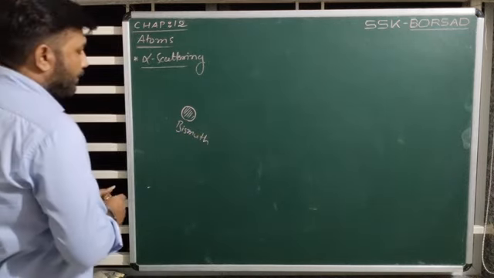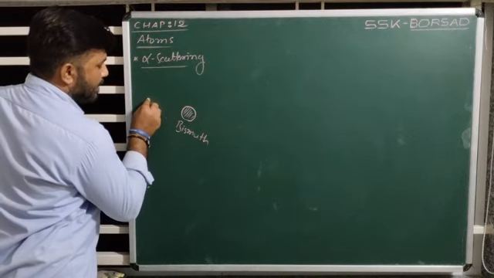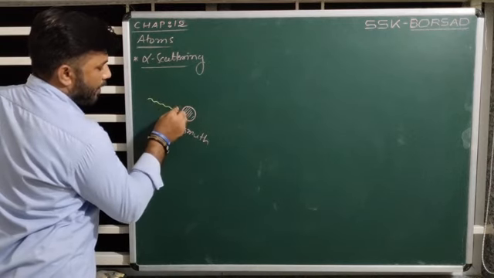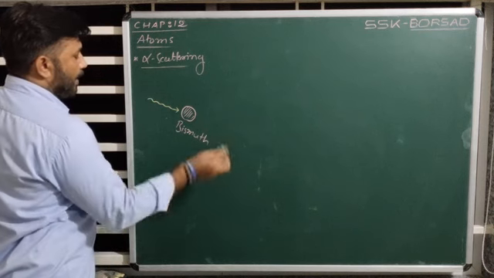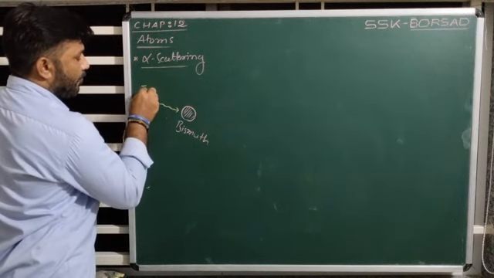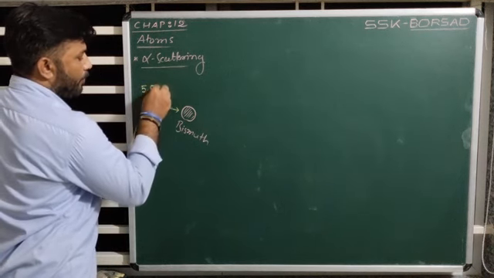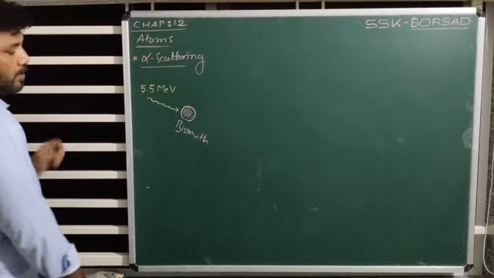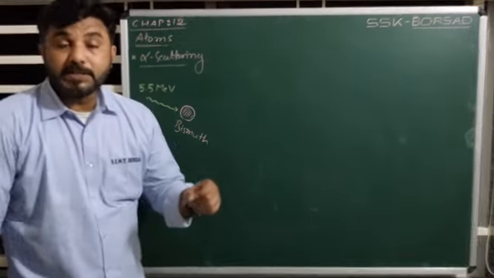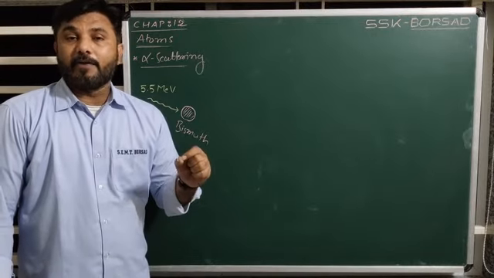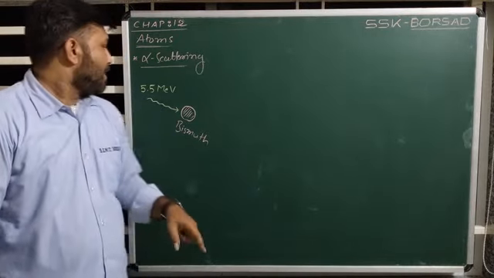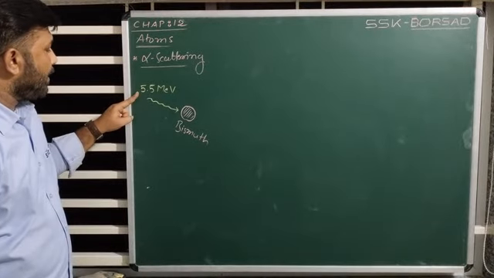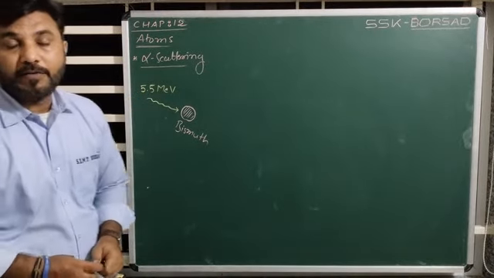This bismuth is excited by giving some energy, and that energy is 5.5 MeV. So bismuth is a radioactive substance which is excited by energy 5.5 MeV.